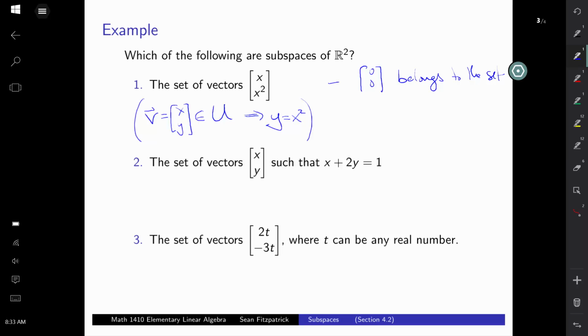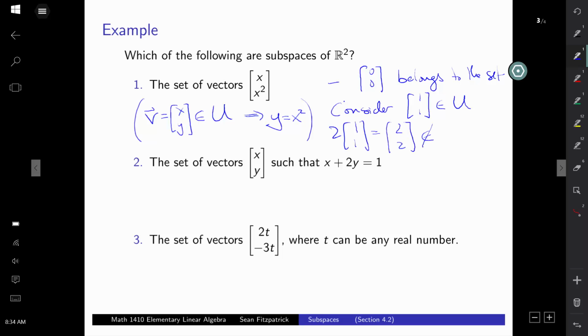Is it closed under addition and scalar multiplication? Well, let's consider the vector 1, 1. That belongs to U, because 1 squared is equal to 1. But if I did 2 times 1, 1, that would be 2, 2.